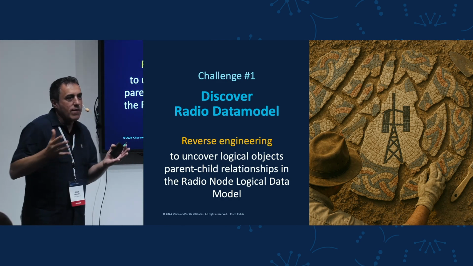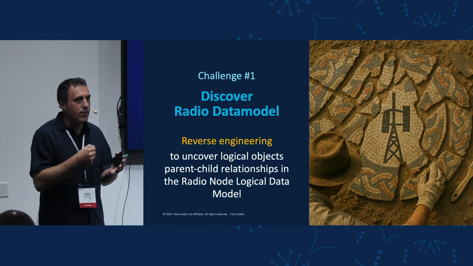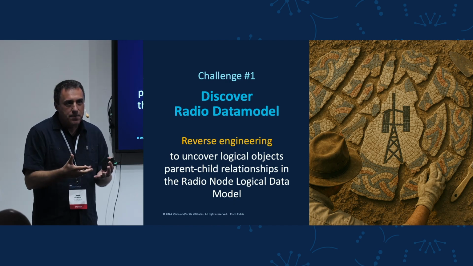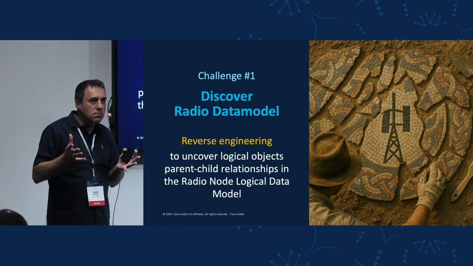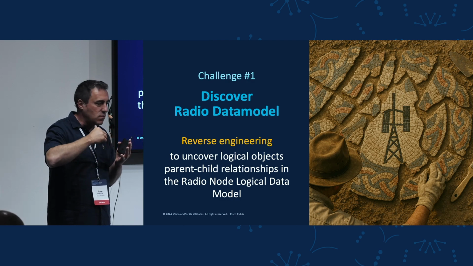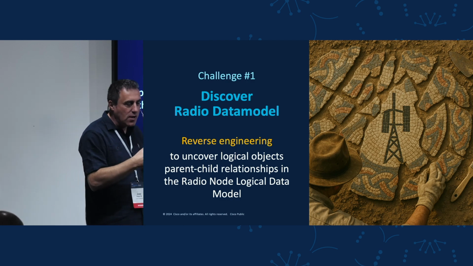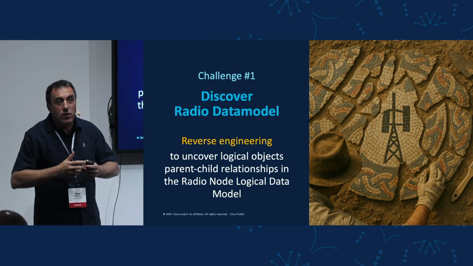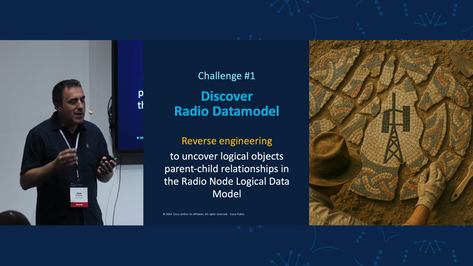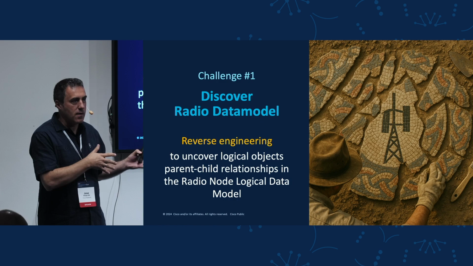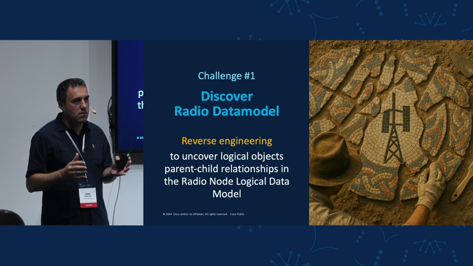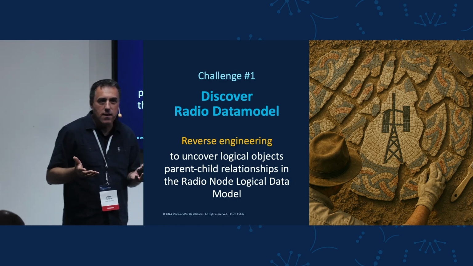Before doing any kind of automation, we have to crack the radio node's logical DNA. And for me, it was like a black box, tasked with managing and controlling the radio nodes, but with no information at all. We have only a few CLI command templates provided by a partner. That's it. Okay, so how could we start working with that?